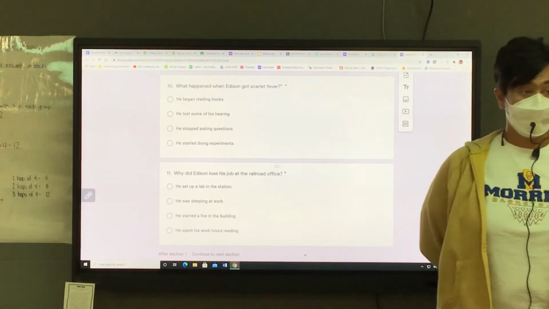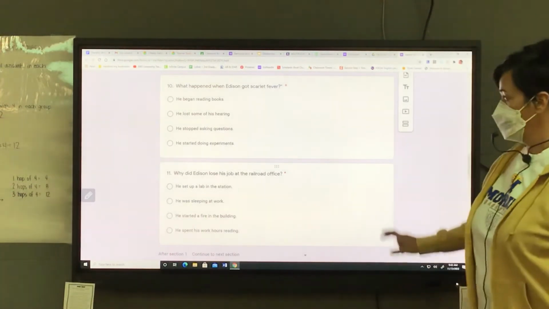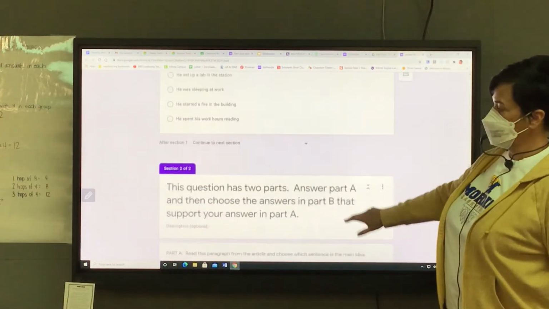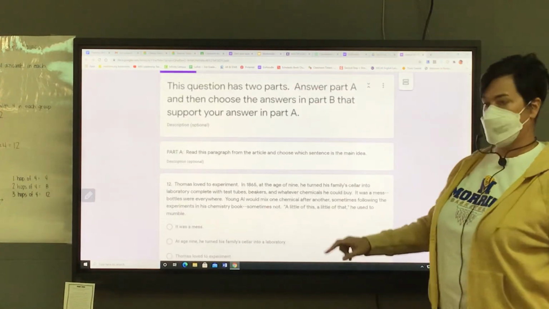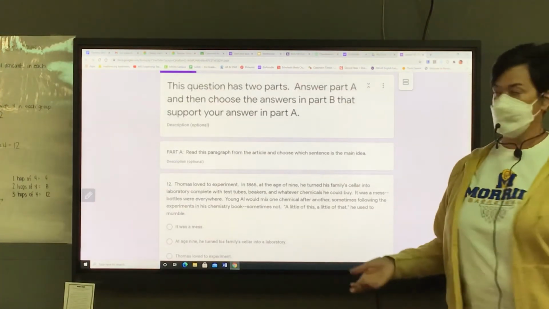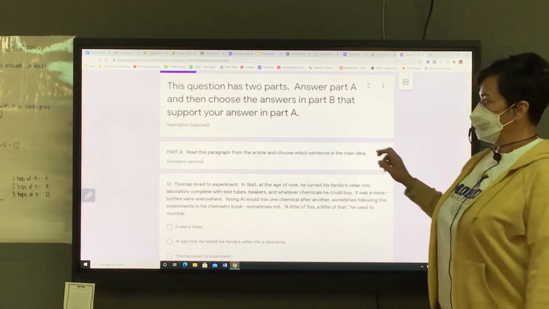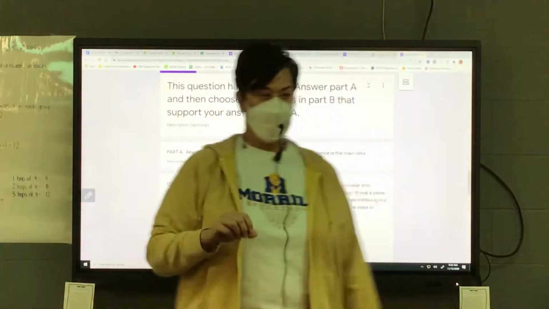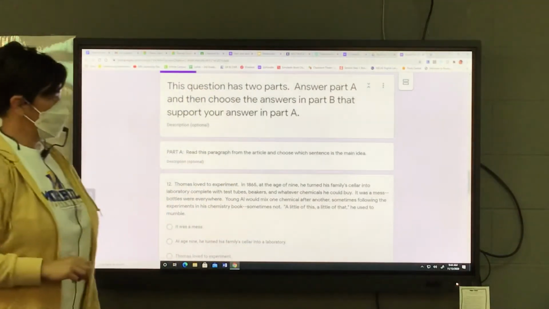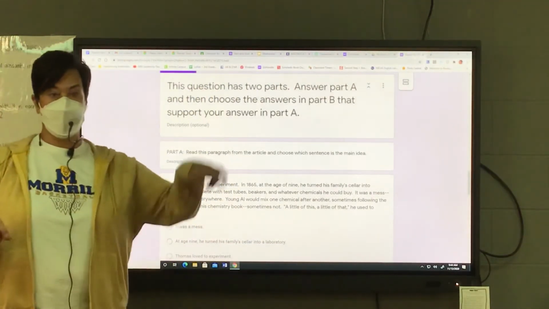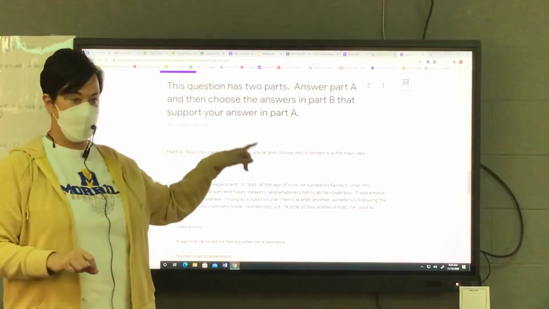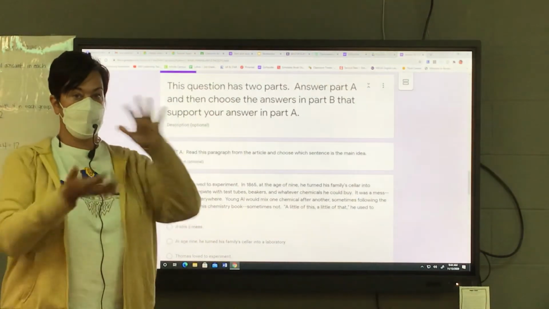Okay, did you hit next? So it takes us on to a different way of answering things. So this question has two parts. Answer part A, and then choose the answers in part B that support your answer from part A. So they go together.